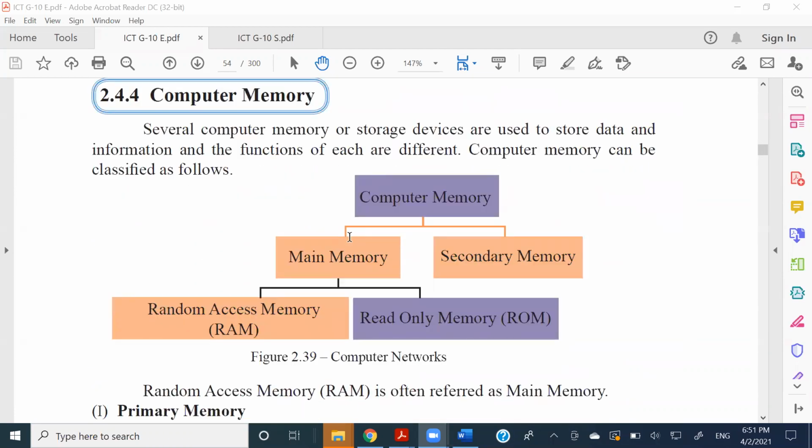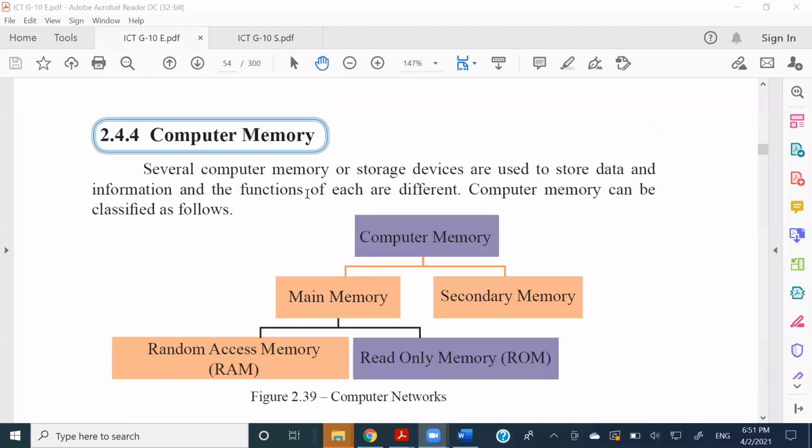Okay, so the next section is computer memory, right? When it comes to memory, we are going to talk about how a computer memorizes things, right? There are two ways of memorizing things inside a computer, which are storing permanently and storing temporarily, right?